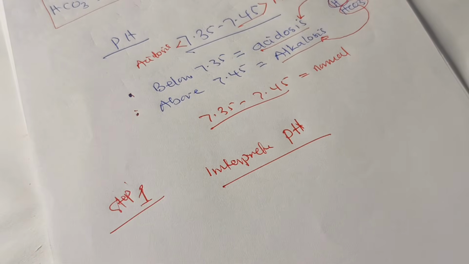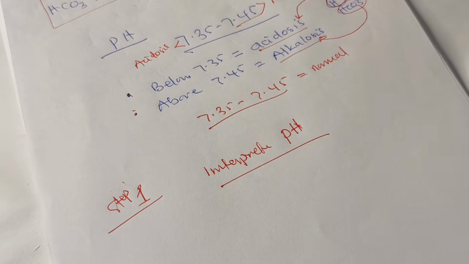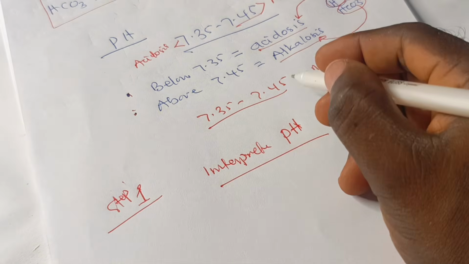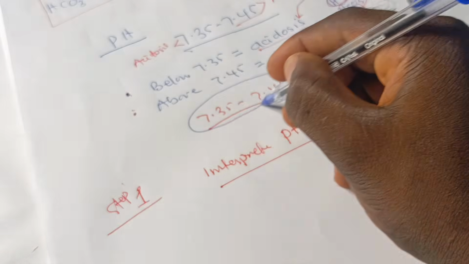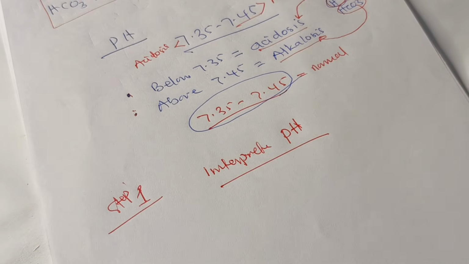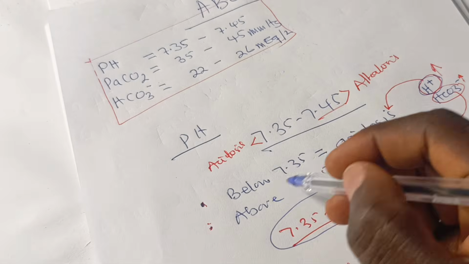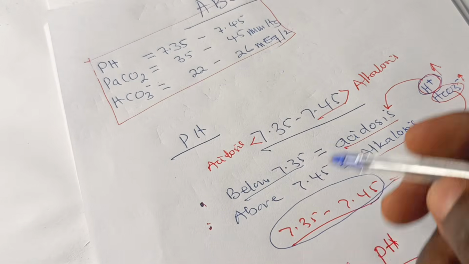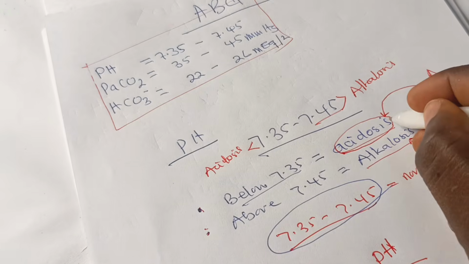So the pH value that they've given you or the question has given you, you must first interpret it. And how do you do that? Ask yourself whether the value is normal. Is it within the normal range? Is the value anything between this? If it is this, it's normal. If it is below, as I told you earlier, this, then you should interpret it as acidosis.